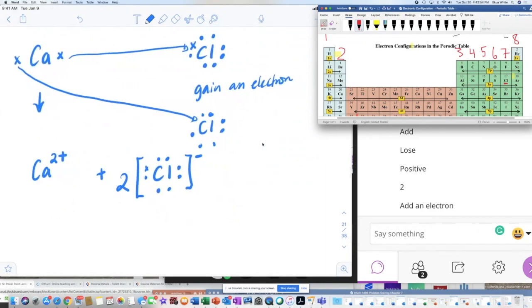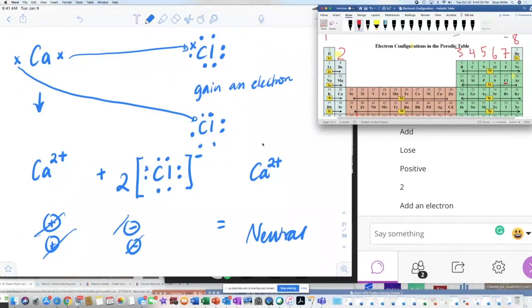This is like saying you have two positives here, then two negatives here. So in the end, we end up with a neutral compound because these neutralize each other. If you're asked from the point of view of Lewis to explain what's going on, this is how you explain it.